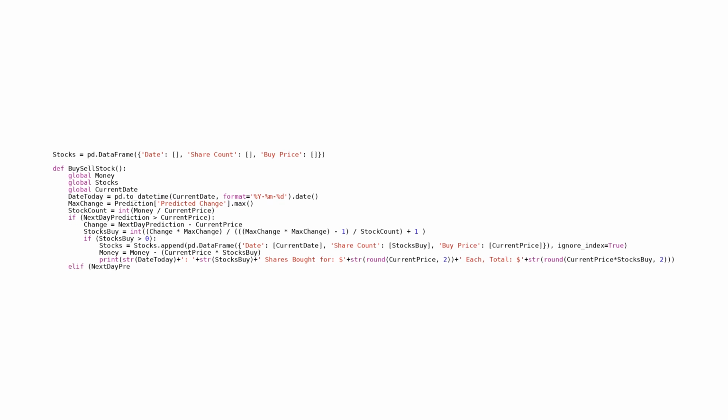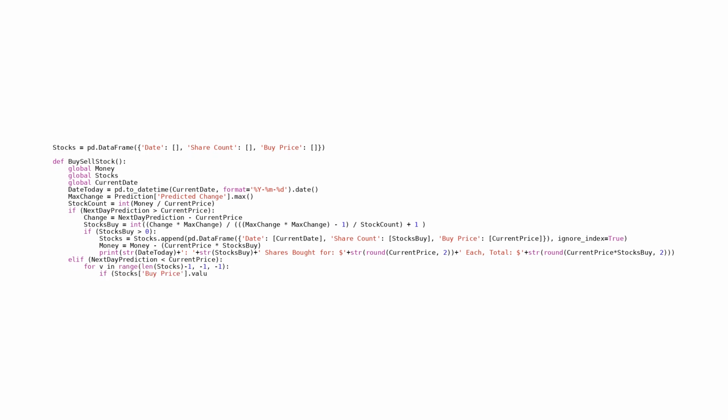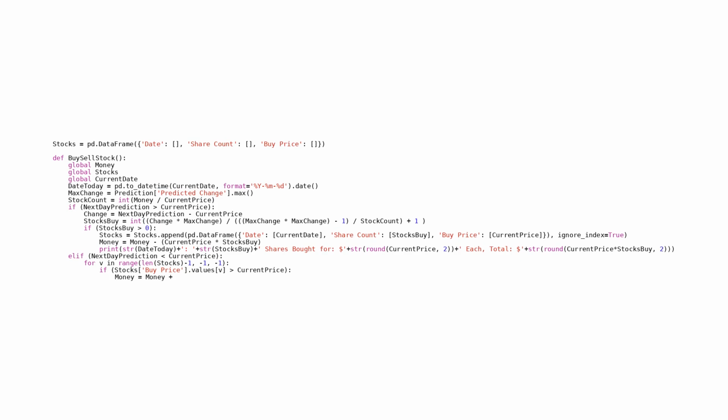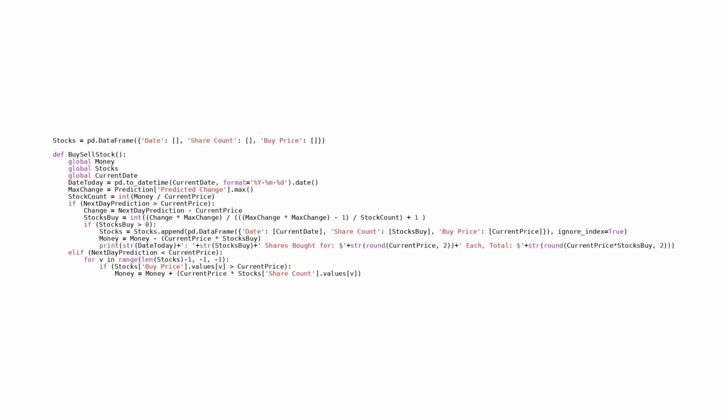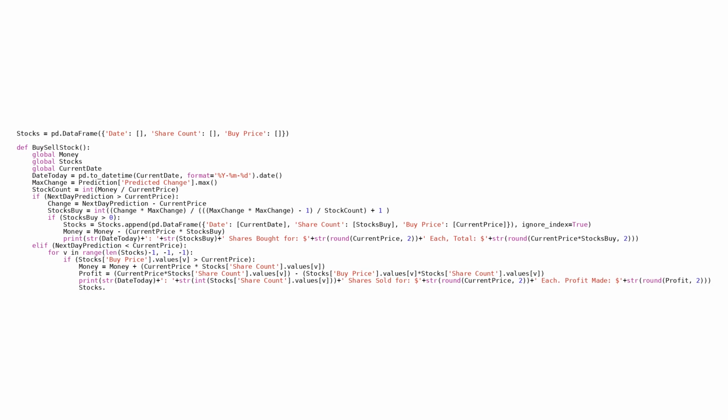In the case of a decision to buy stocks, the function calculates the number of shares to purchase using predefined formulas, updates the stock's data frame with the transaction details, deducts the relevant amount from available funds, and logs the transaction. When selling stocks, the function scans the stock's data frame to identify stocks purchased at lower prices than the current market value.